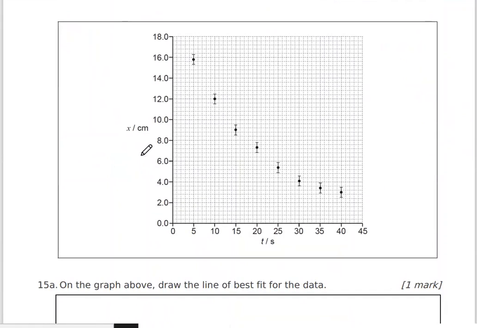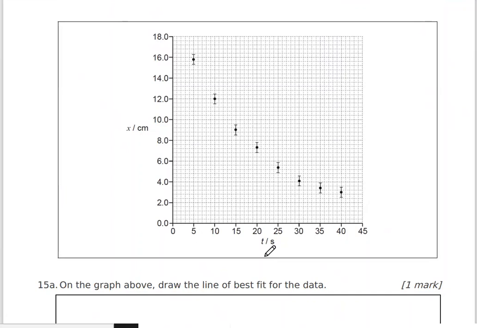So here we have the relationship between displacement and time. Displacement in centimeter, time in second. On the graph above, draw the line of best fit for the data. The line of best fit is not necessarily a straight line, but since we have error bars, we can draw a smooth curve that passes through all the error bars.